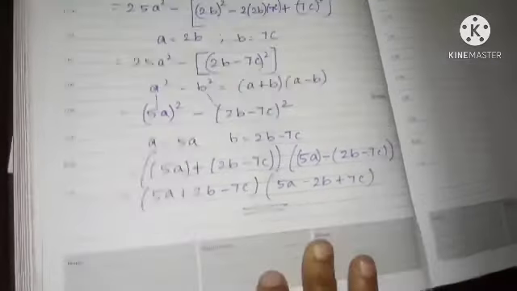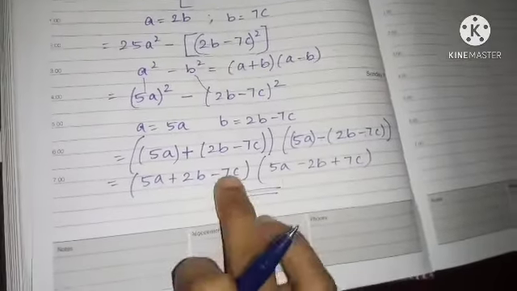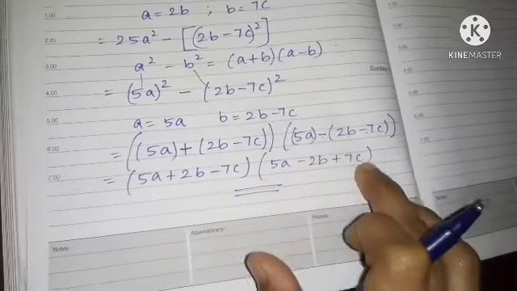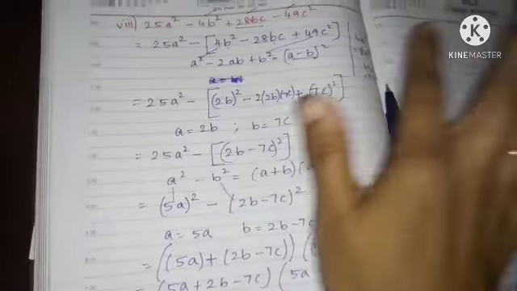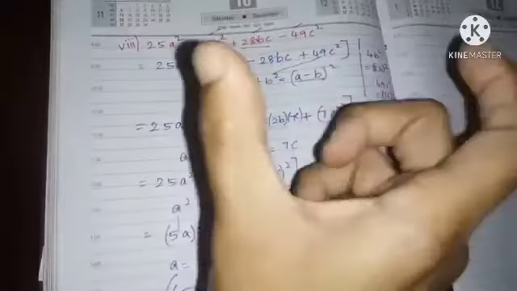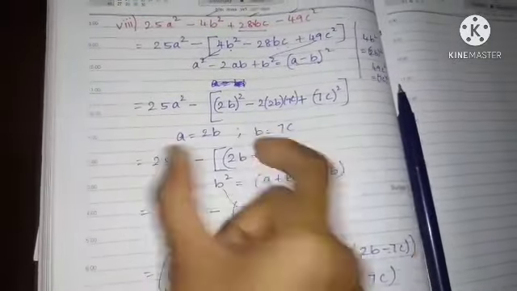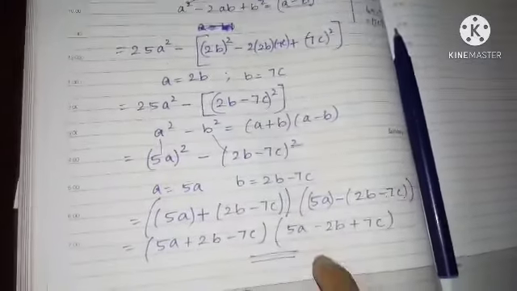So this is your final answer: 5a plus 2b minus 7c, 5a minus 2b plus 7c. Understood? It looks different, but it is easy. First you should find what identity should be used to make it very short like this. After this, you should find the a square minus b square formula and factorize again.